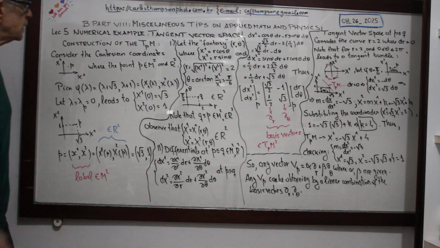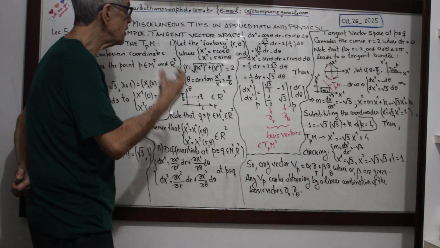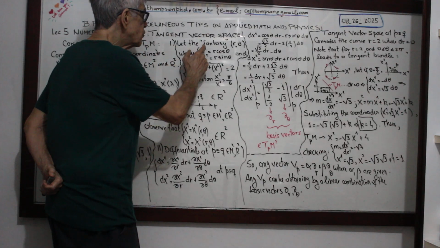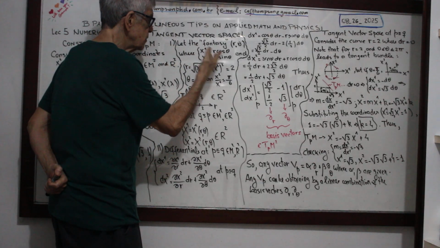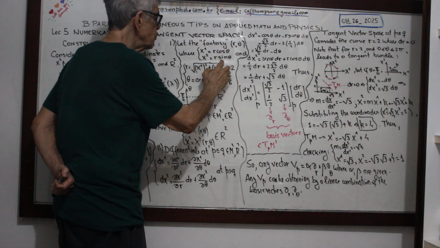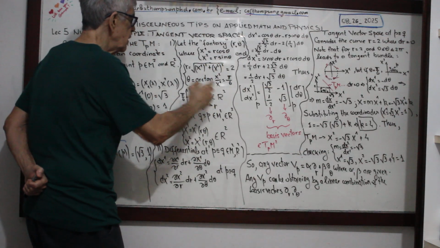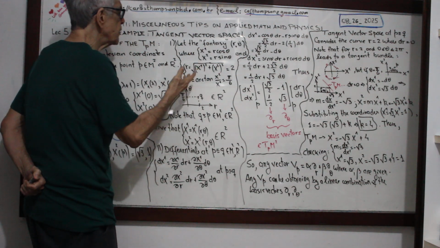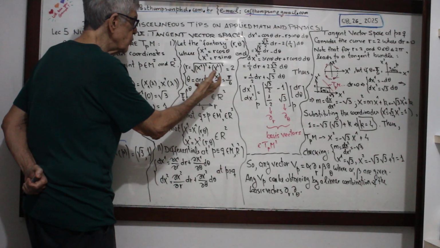So now, let me create a fantasy coordinate system R and theta, where x1 is obtained by this relation, R cosine theta, and x2 is R sine theta. You can calculate R using x1 and x2.